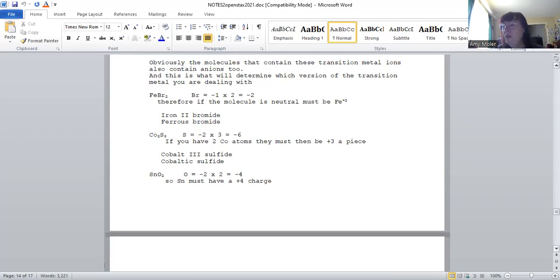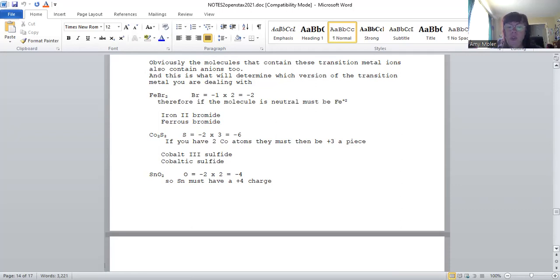That must mean that in order to make a neutral molecule, your iron needs to be a +2. So we can name this both by the stock system and by the older system. Do not mix and match. So iron 2 bromide or ferrous bromide. If you use the ferrous term, do not put a Roman numeral in it.